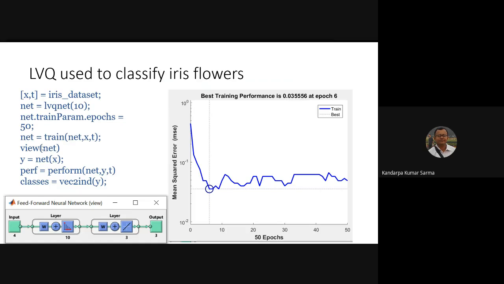Then we view the network, and then we simulate the response of the network, and then we determine the classification performance of the network, and then we find out the classification result that is linked with the simulated response of the network. We find that a network structure with a pattern feed block, with a layer here and with a layer there, and a response block shall be generated.